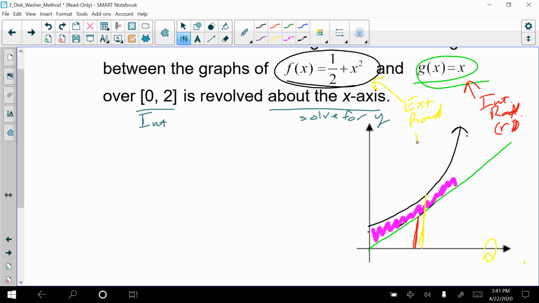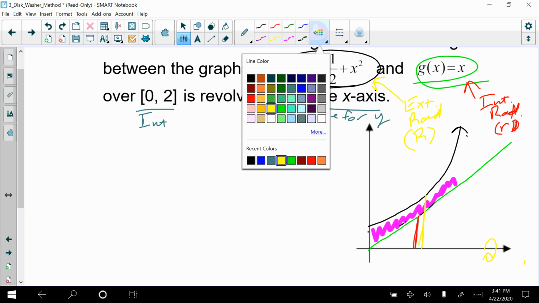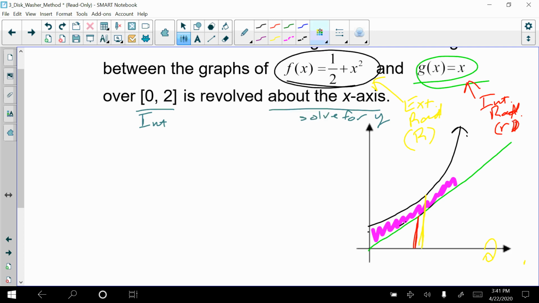The radius, the capital R, okay? And because both of those, the function notation, obviously f of x, g of x, are essentially already solved in terms of y, we can go ahead and just start plugging these things in. So let me pick a little bit darker color so it's easier to see the work here.